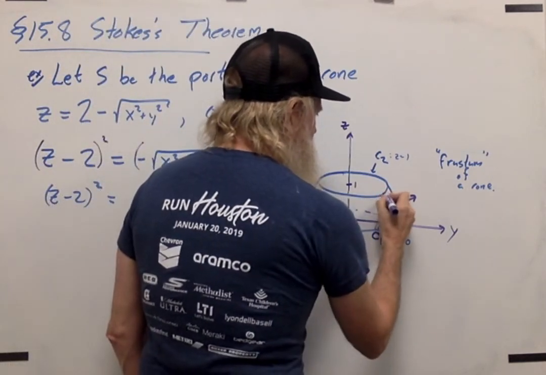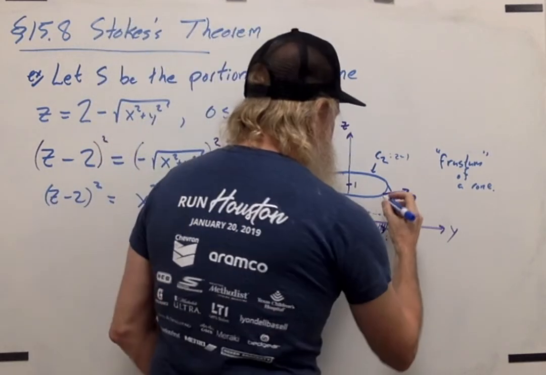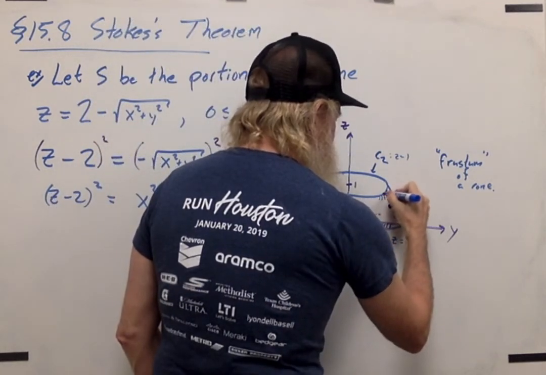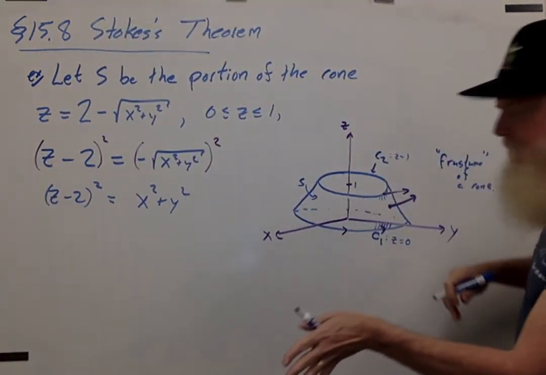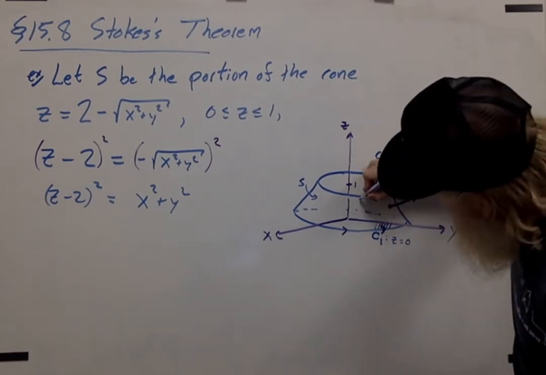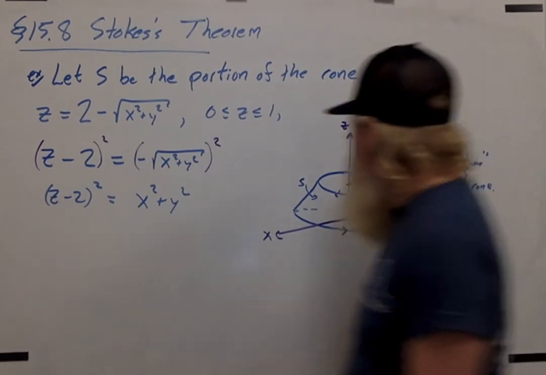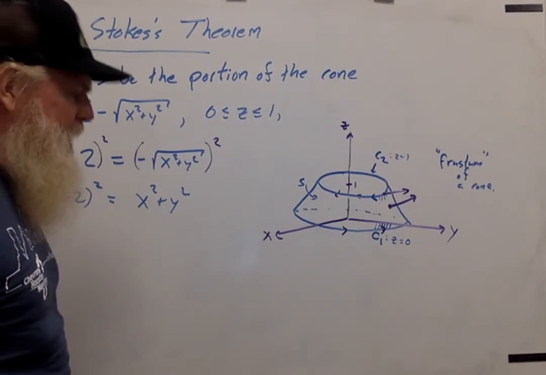On the other hand, if I draw a normal vector here, and I want to walk around the boundary curve, keeping the surface on my left side, then to be on my left side, I need to go in this direction. And notice that would be clockwise as viewed from above.